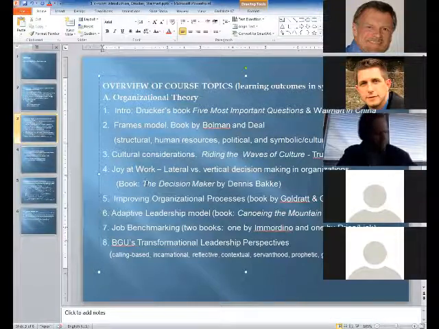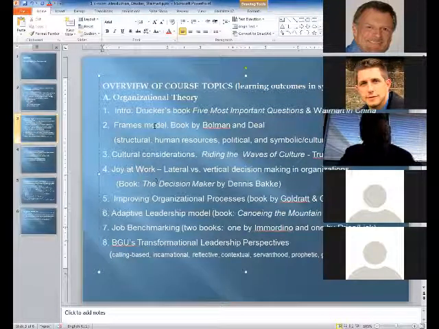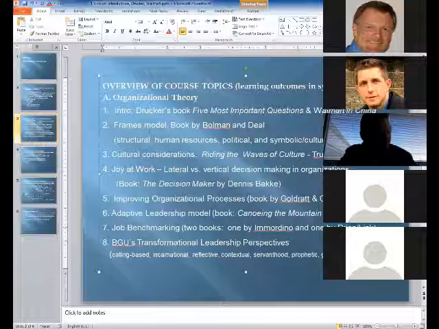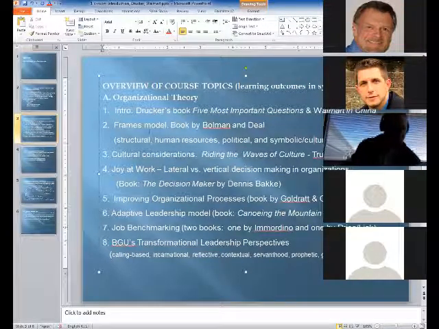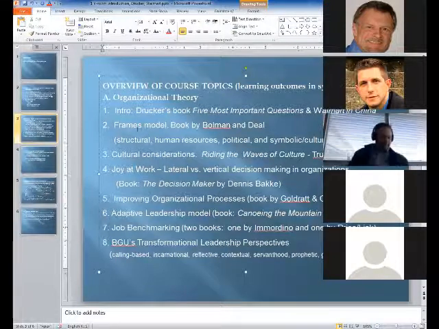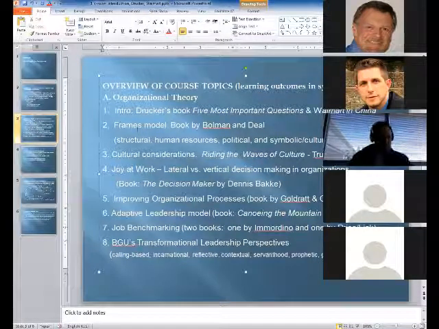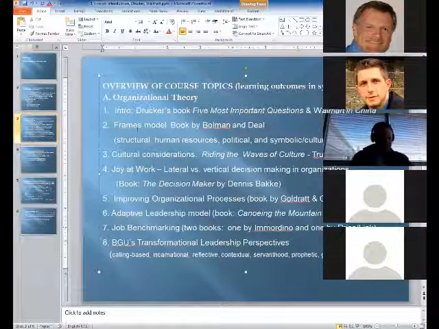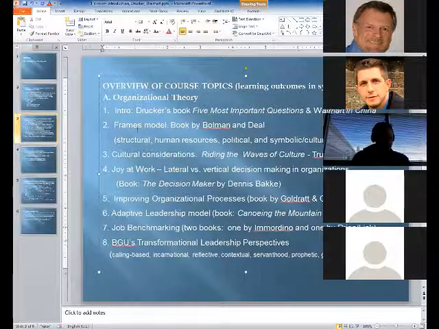And by the way, some books, if you choose not to buy something, are available online in our BGU library. Like I think the Bolman and Deal Frames, which is a fairly weighty book. I don't expect you to read that book word for word. I want you to just kind of get an idea of what's there, and use it as part of your toolkit.